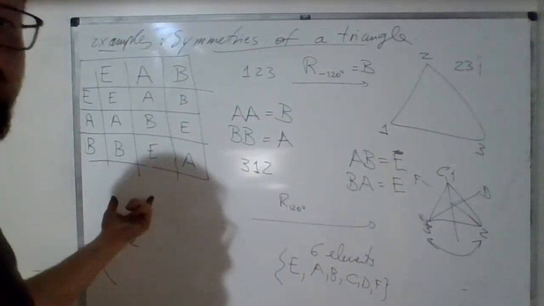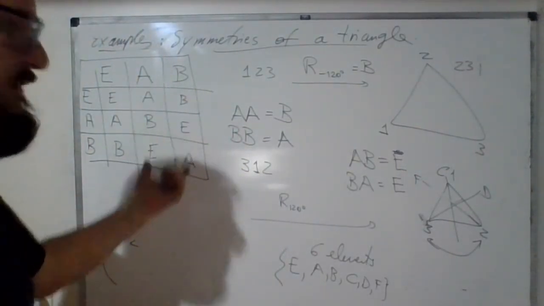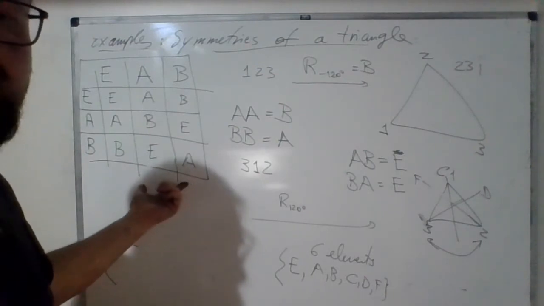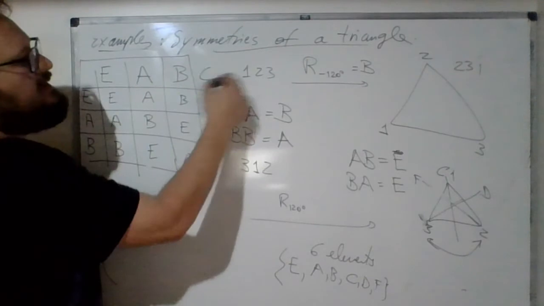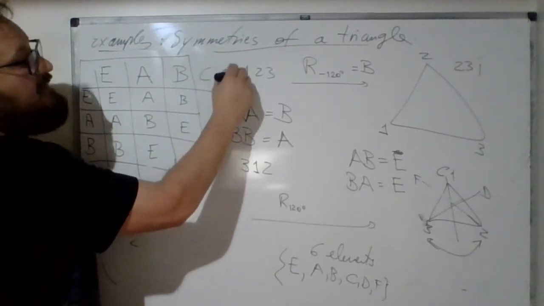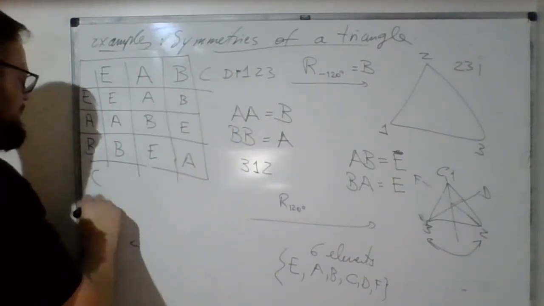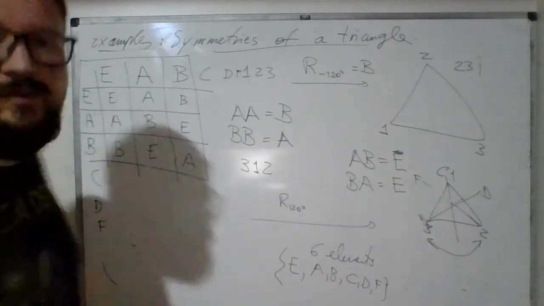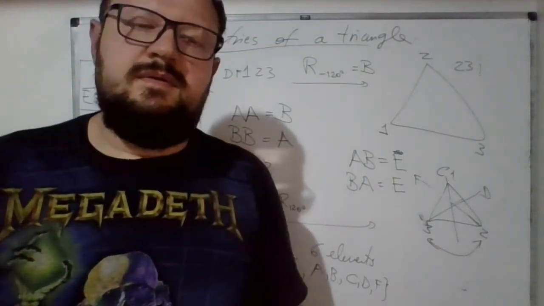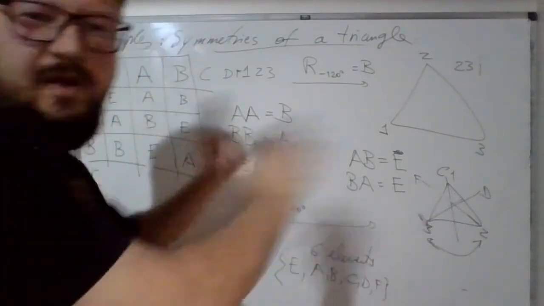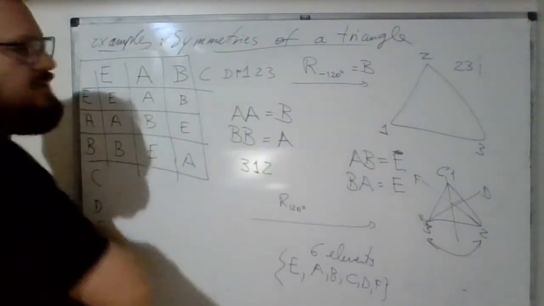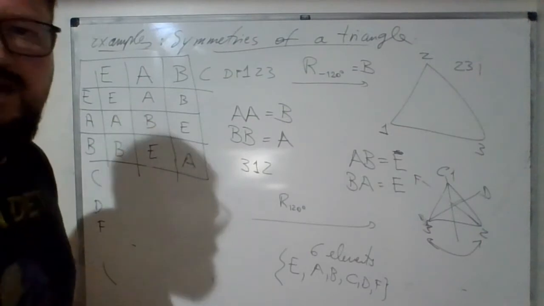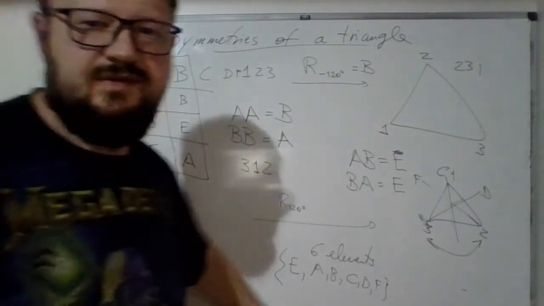So you have just the first part of this table, because you need to insert here C, D, and F, and here C, D, and F. And I'll let you perform this calculation as an exercise. You can complete the table here, the multiplication table for the symmetries of a triangle.